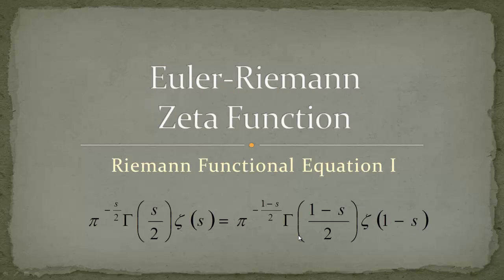Another thing that you should notice is that we have again gamma multiplied with zeta. This should remind you of a previous video, and if you haven't watched it before, please have a look at it. It is very important, the relationship between gamma and zeta function, because we are actually using very similar methods to derive this equation.